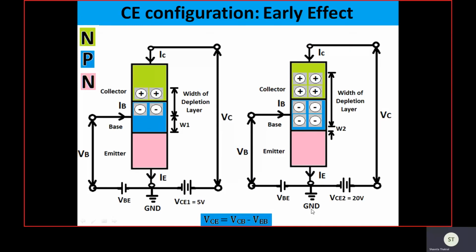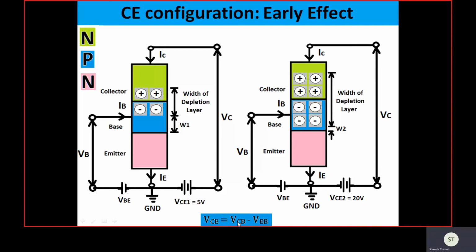Now let's say we increase VCE from 5 volt to 20 volt. Obviously when VCE is increased, VCB also increases, because VCE is VCB minus VEB. The relative difference of voltage between collector and base and between emitter and base gives us the relative difference between collector and emitter.